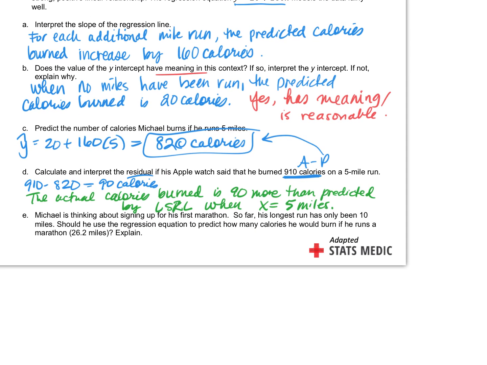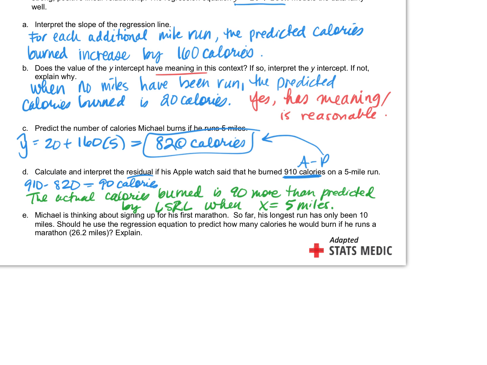Michael's thinking about signing up for his first marathon. So far, the longest run he's done is 10 miles. Should he use the regression equation to predict how many calories he's going to burn in a marathon, which is 26.2 miles? No, why not? It's not within the scope of the data. Everybody agree with that? What do we call that? Extrapolation.